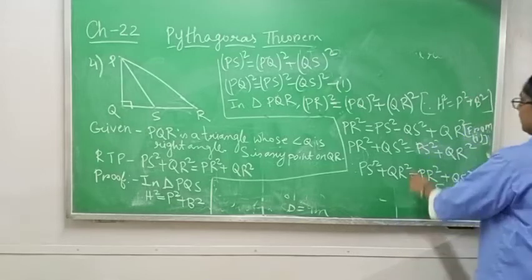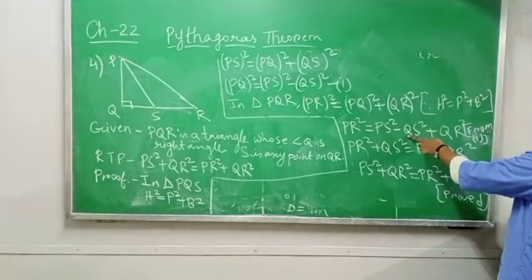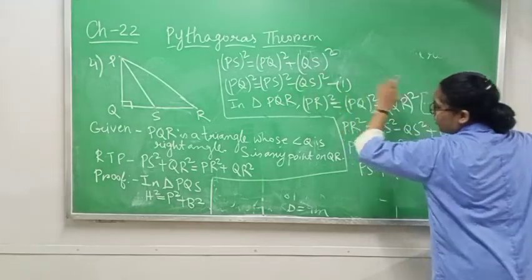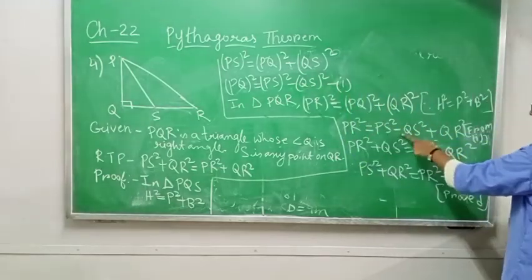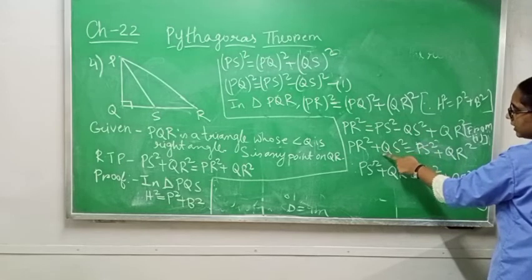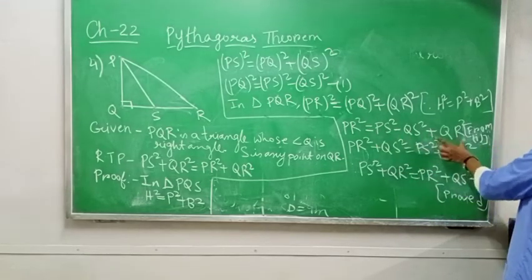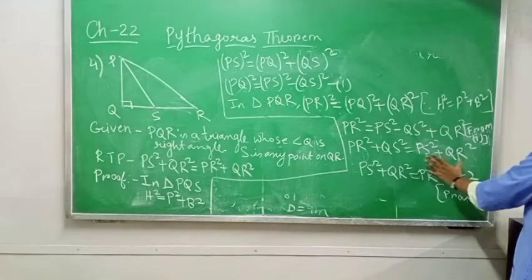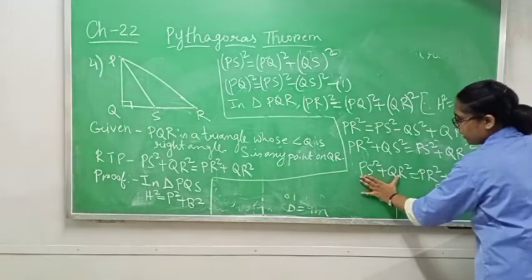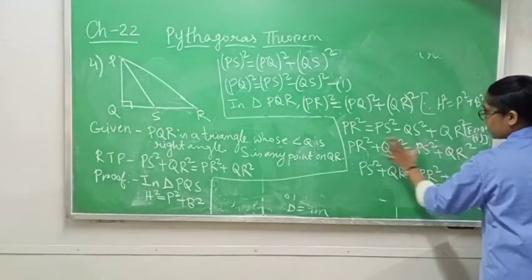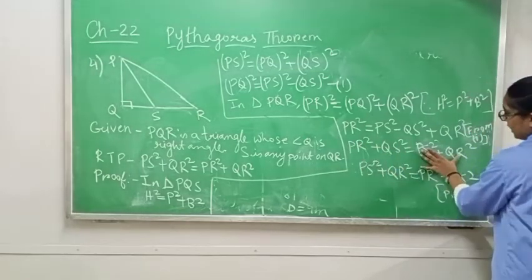Okay, so you are writing PS square minus QS square in place of PQ square from which equation? From equation 1. Now minus QS square will come this side, it will become plus QS square, and PS square plus QR square will remain as it is. Now this full you can write first, and this one you can write here, means just changing the place. RHS will become LHS, LHS is becoming RHS.